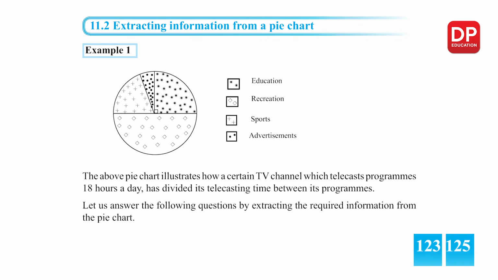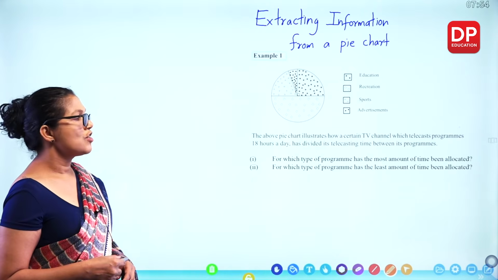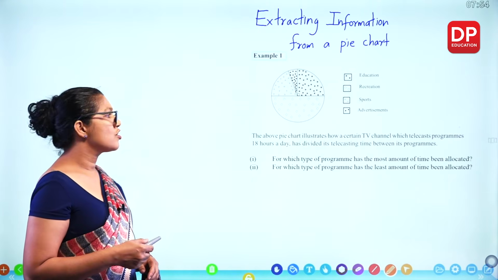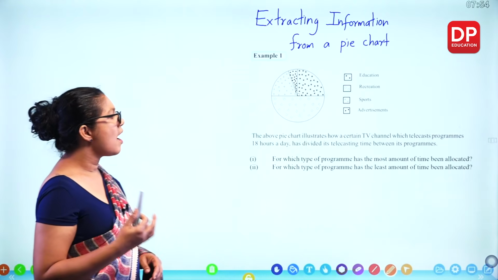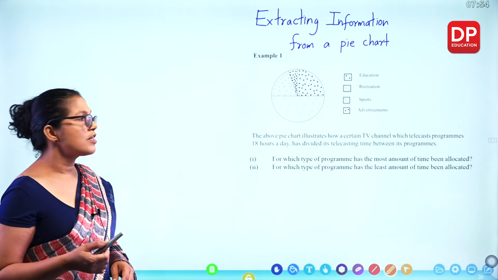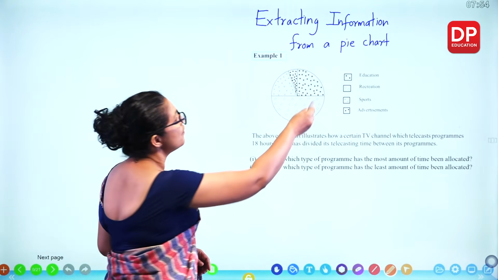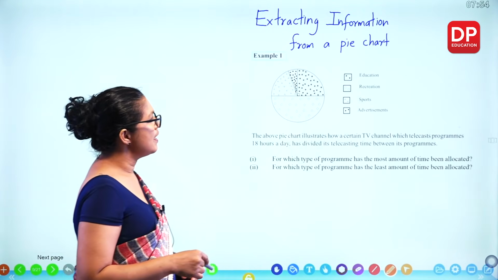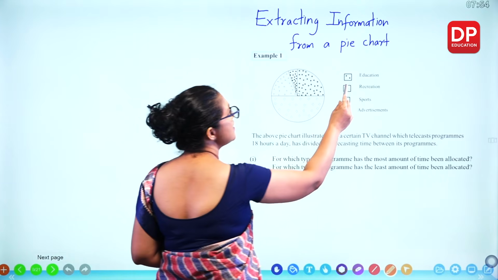Now we'll look at when the pie chart is given, how can we get the information from that? Using the pie chart, how can we answer the questions? So this is example 1 in your textbook. The pie chart is given here with the categories.